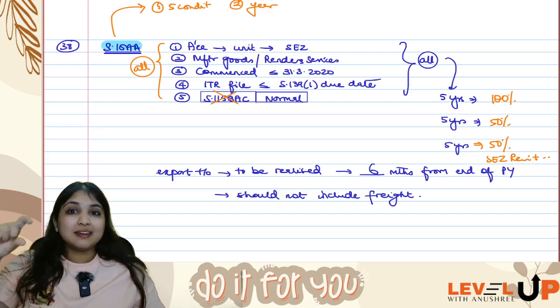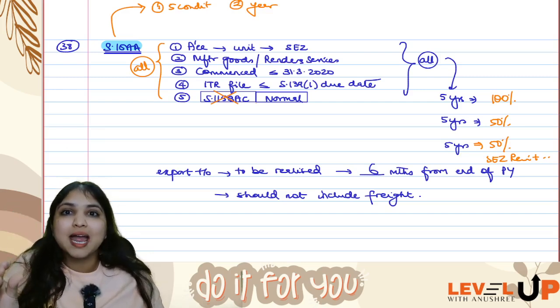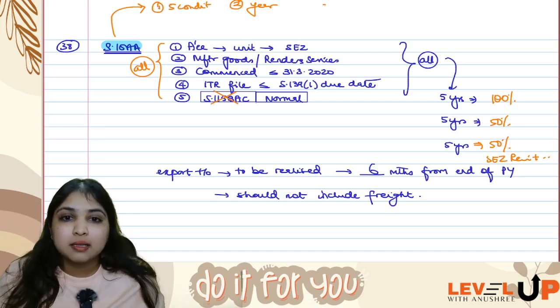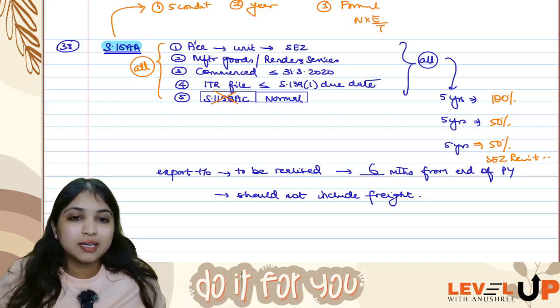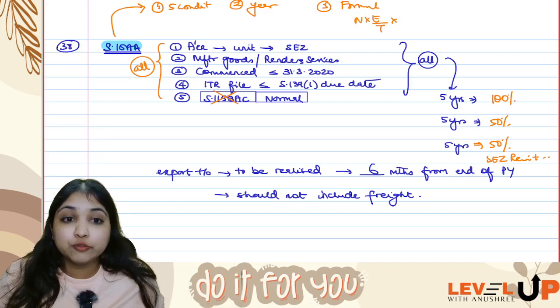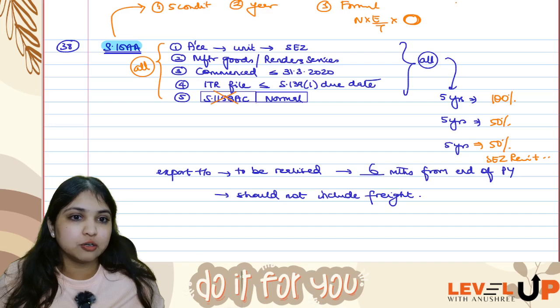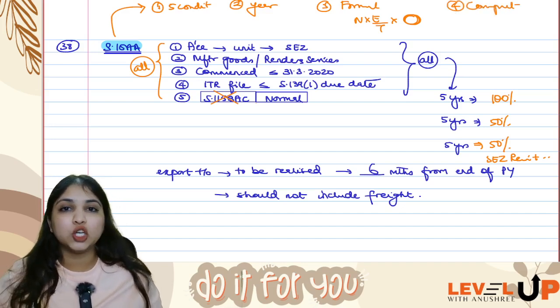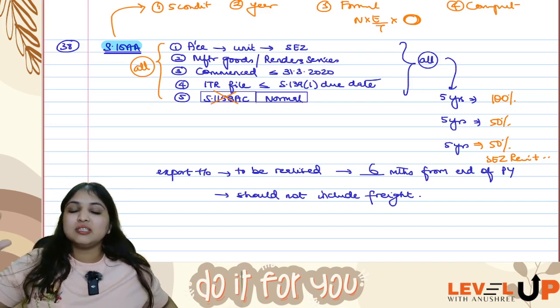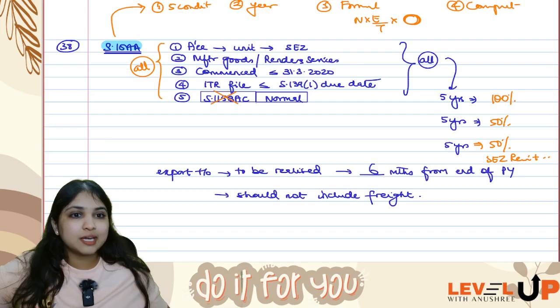But if you're subtracting years and finding which year you are in, you will remember to add a 1. Then you will write the formula. Remember, N into E by T net, alright, into the percentage. Many of you used to forget to write the percentage over here. Then you will show the computation. So this was the sequence which I taught you in 10AA. First you check the conditions, then you check which year you are in, then you write the formula, and then you compute.